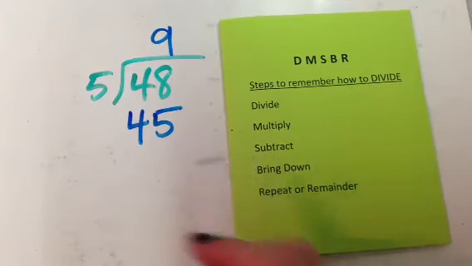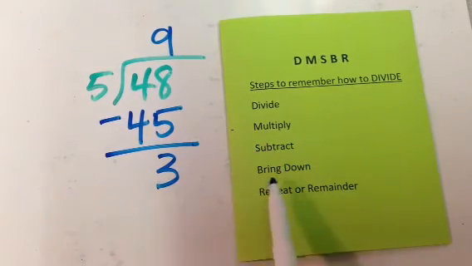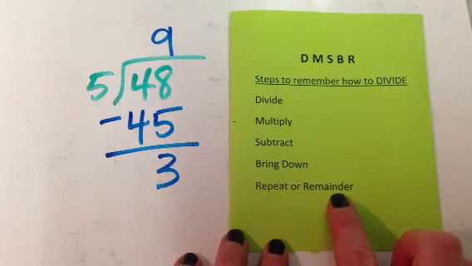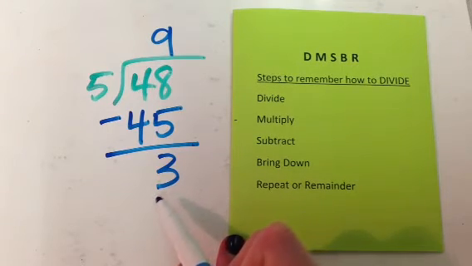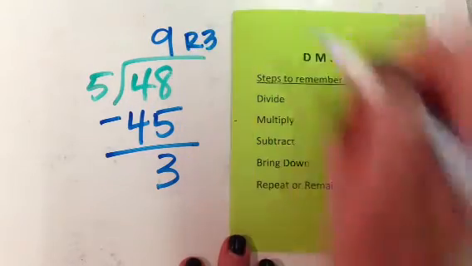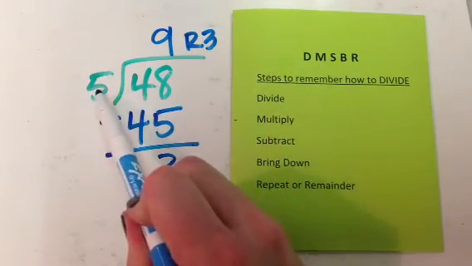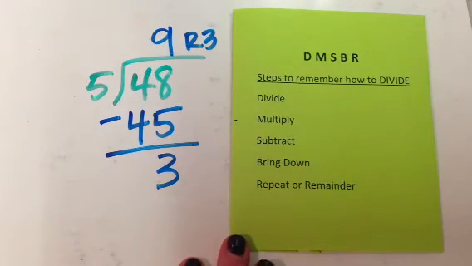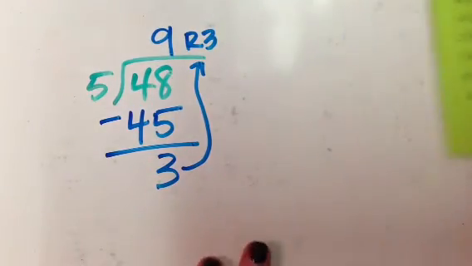And now I subtract. 8 minus 5 is 3. There's nothing for me to bring down. So what I'm left with is a remainder, a leftover little bit. So 48 divided by 5 equals 9, remainder 3. That's what this stands for. The remainder, I just write up there with an R.